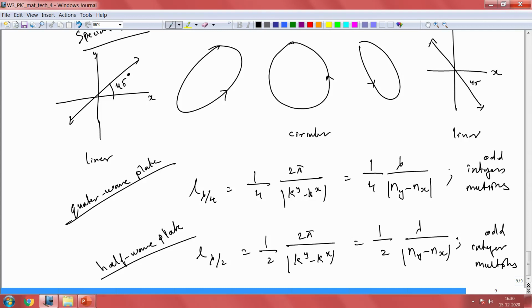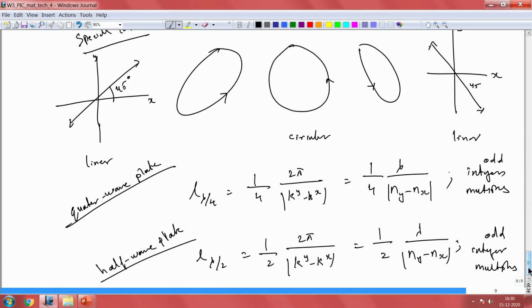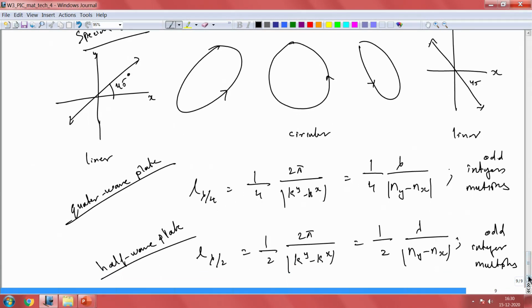Odd integer multiples should give you this rotation, right, that you have in a periodic fashion. Okay. So with that we could do whatever polarization you want.